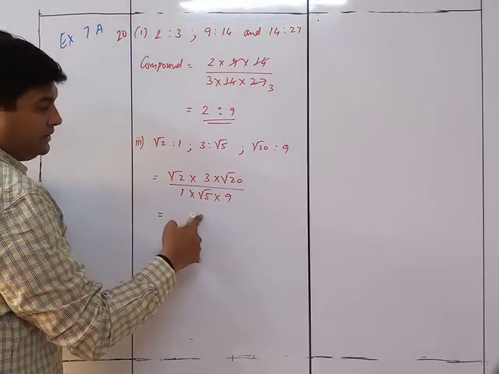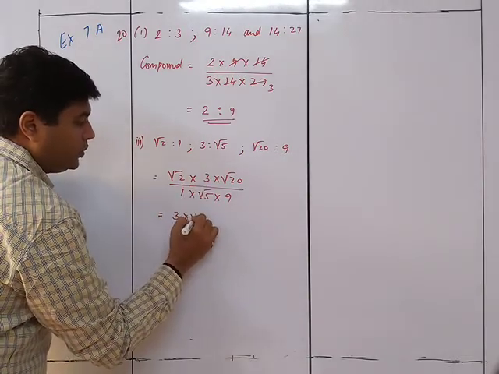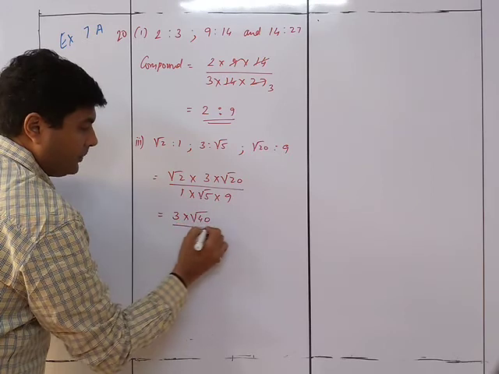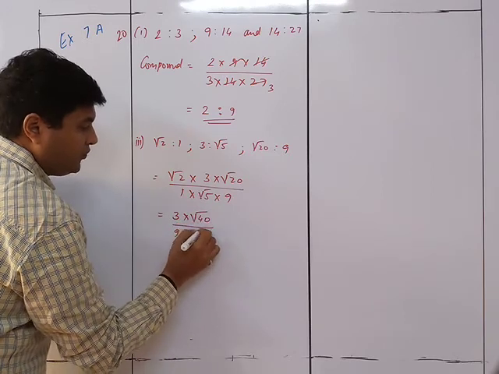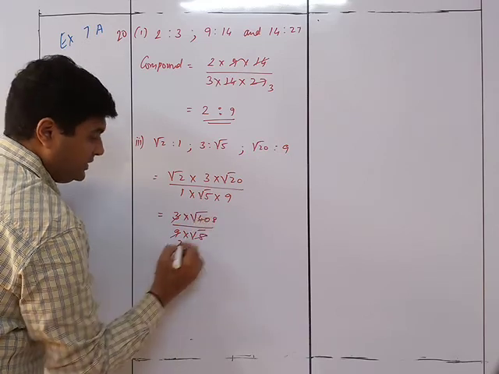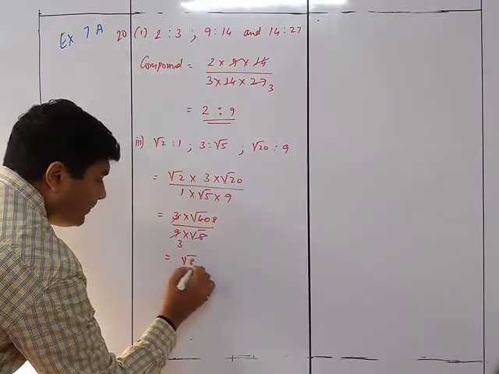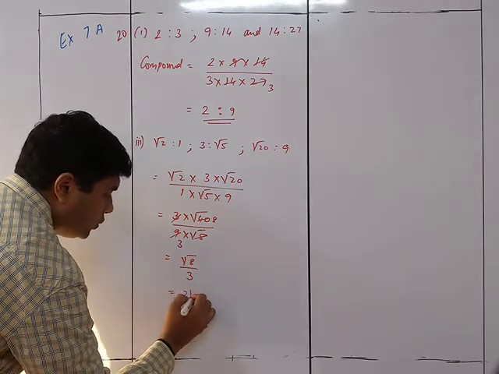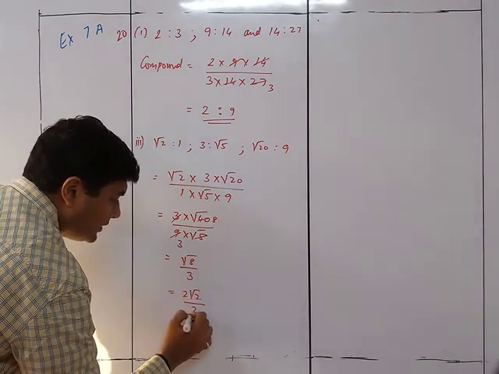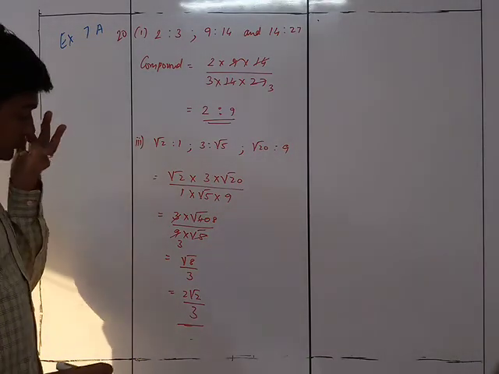So you can see here that this is nothing but 3 into root 40 upon 9 into root 5. 3s are 8s are. It's going to be root 8 upon 3, which is 2 root 2 upon 3, because root 8 is nothing but 2 root 2.